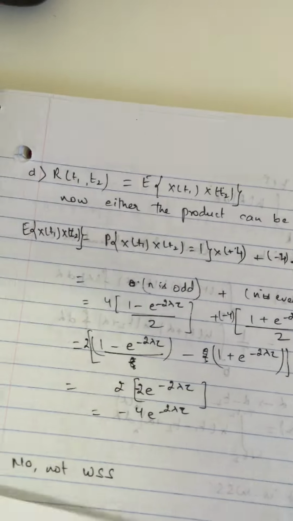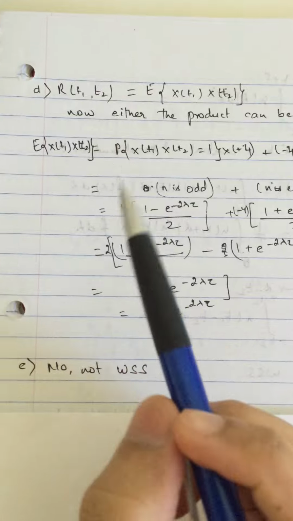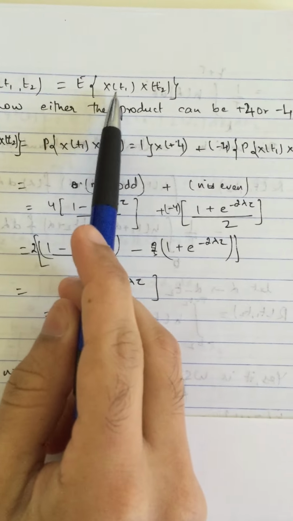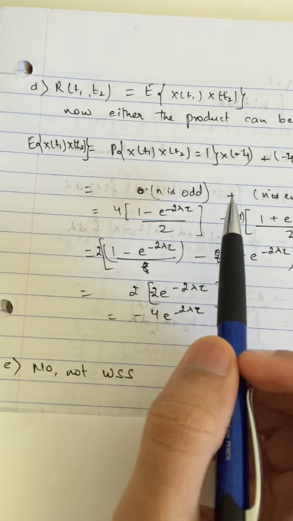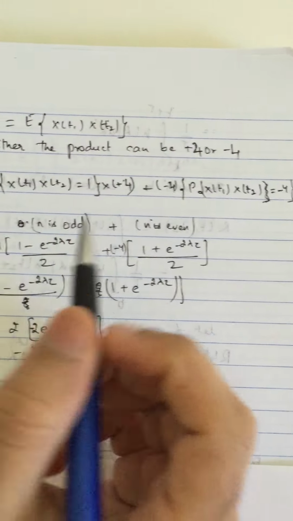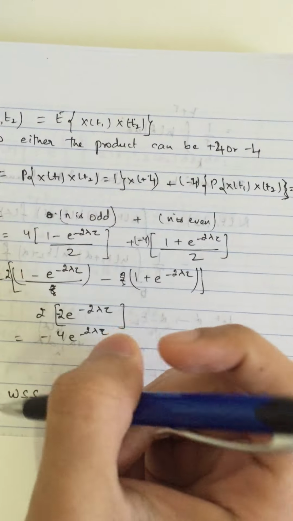So in the fourth part, we have been asked to calculate the autocorrelation function. So the function equals the expected value of X(t1) into X(t2). Now the product can either be +4 or -4, because we have X(t) equals 2 or X(t) equals -2.